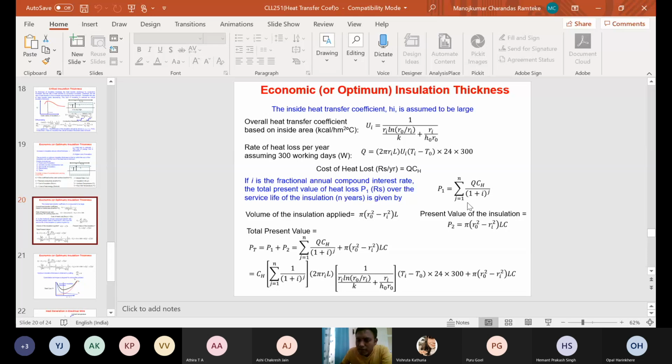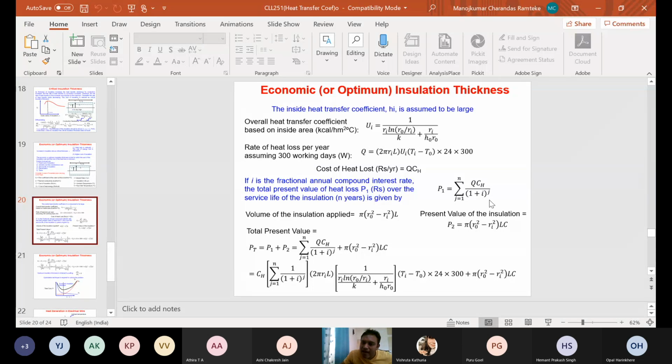Also the important point to note down is, when you are purchasing the insulation, you have already invested something, so you are going to pay an interest rate on that. But whatever saving in the heat loss is coming, you are making up that over the years.